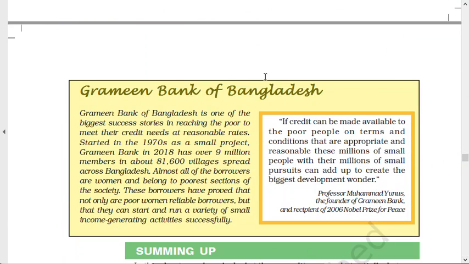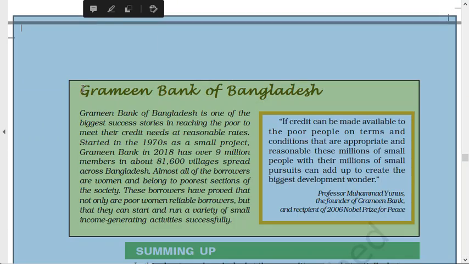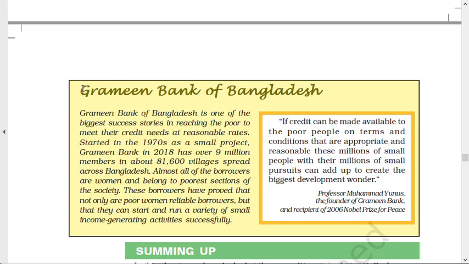Now it says Grameen Bank of Bangladesh. This is also one of the case studies, and the person who started this got the Nobel Prize. You can see here it is written in the box: Professor Muhammad Yunus, the founder of Grameen Bank and recipient of the 2006 Nobel Prize for Peace. So he came with the idea and he started the bank in Bangladesh, and that became a very successful bank, right? Successful not in the sense that it earns millions of dollars as profit.